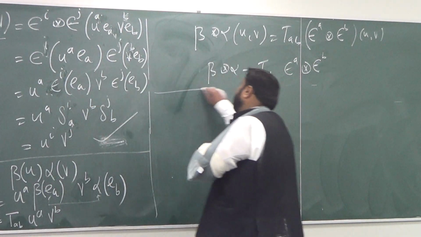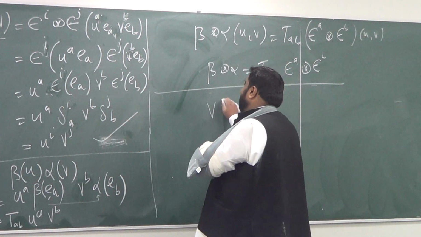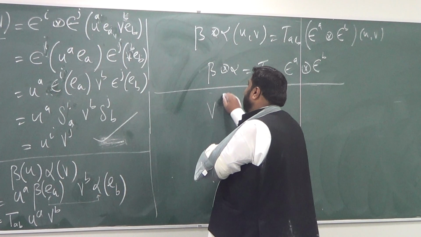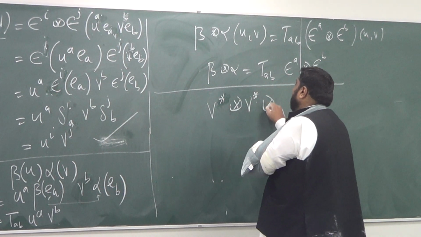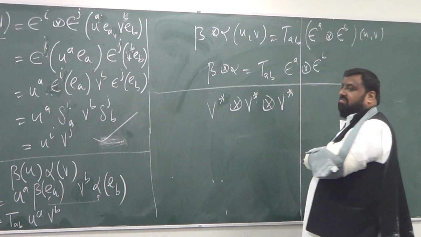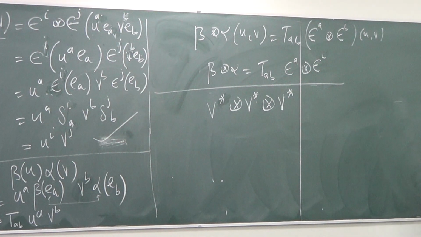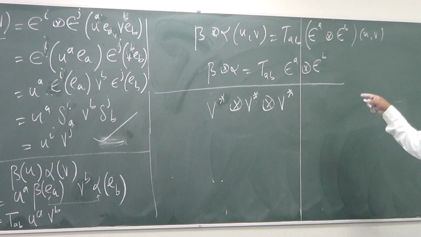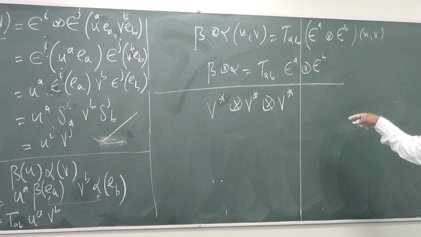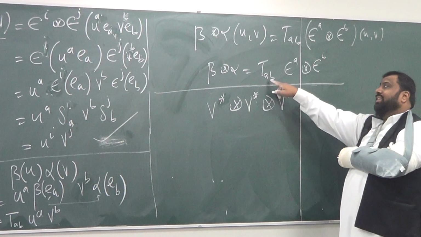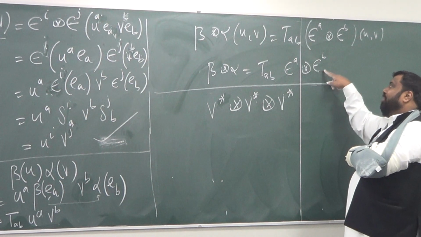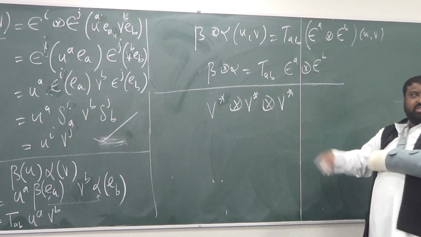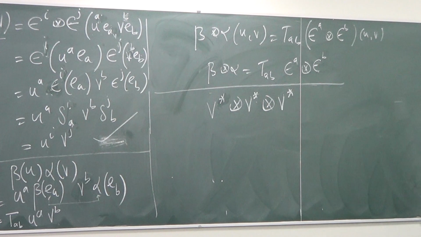Now tell me, what would be the tensor product of V* with V* with V*? So it would be alpha, beta, gamma, their tensor products, equal to A, B, C, and epsilon^A tensor product epsilon^B tensor product epsilon^C. You really generalize it.